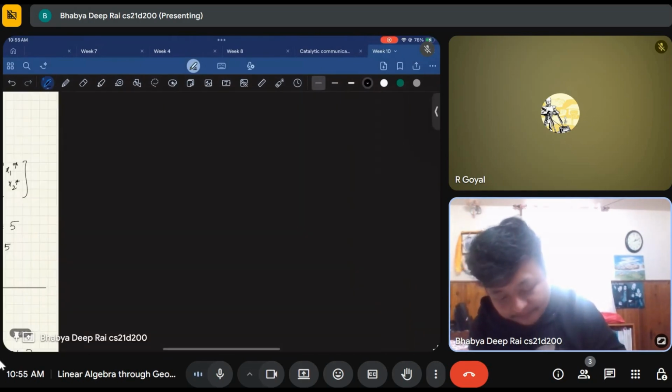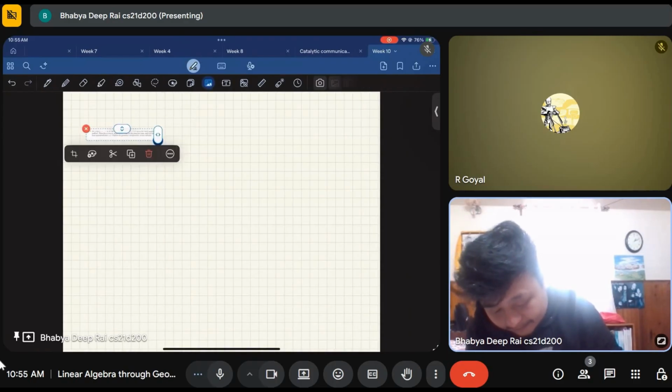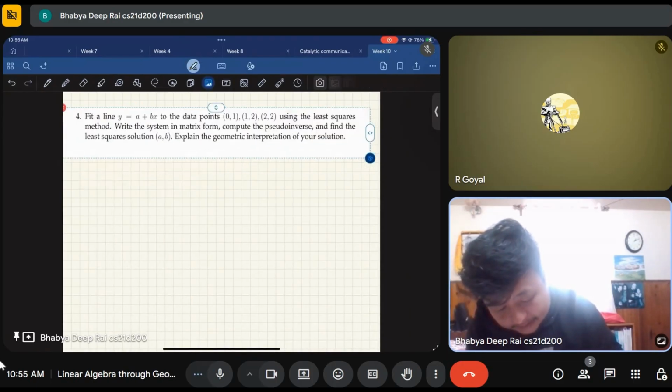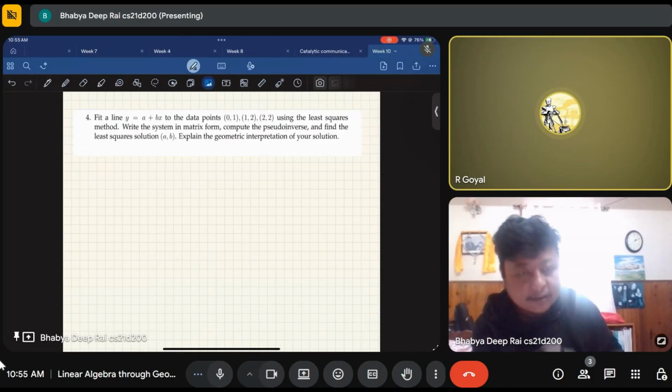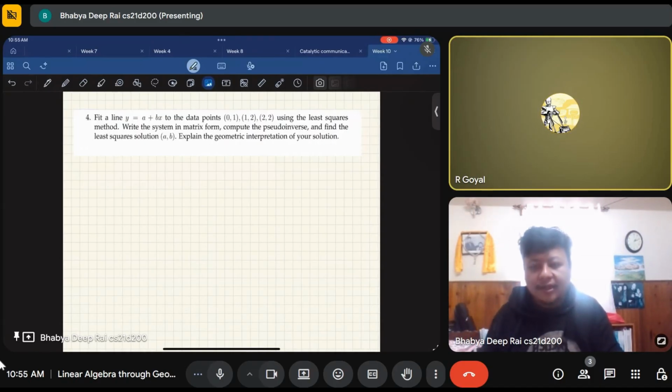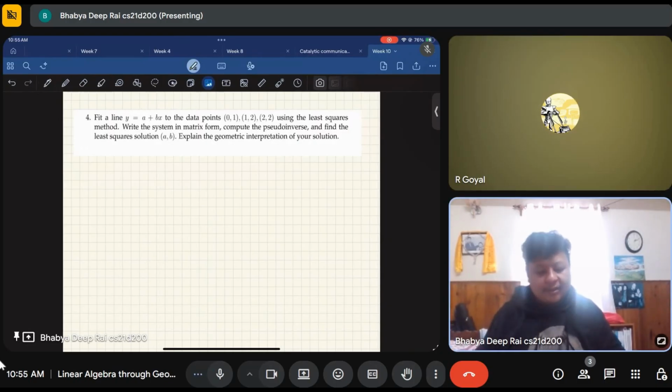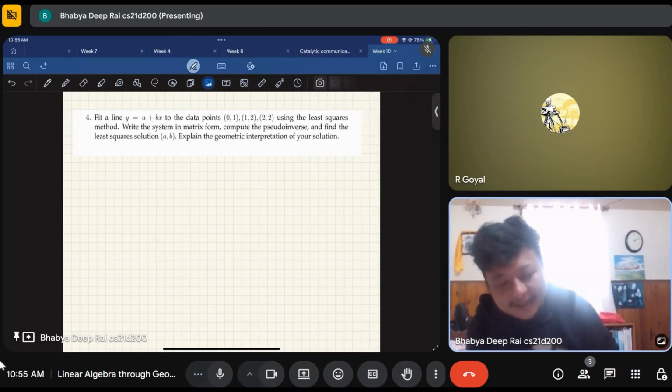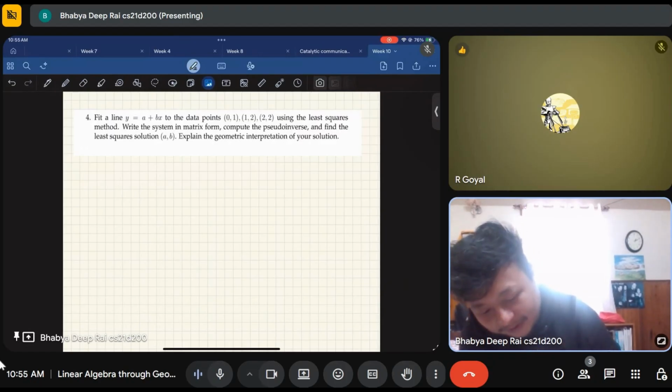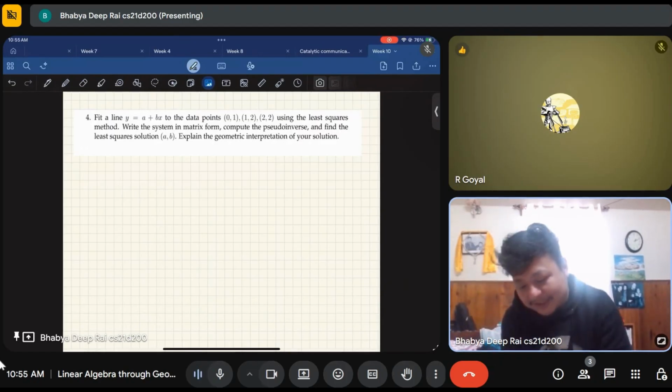It's used in data fitting, and linear regression is all about this least squares only. Why it works is what we saw in the background, because you're minimizing the distance to the subspace.